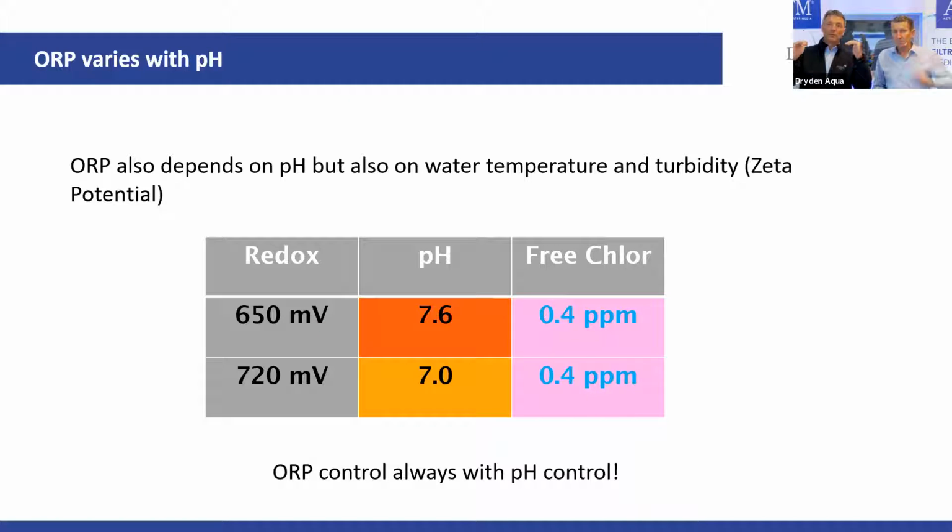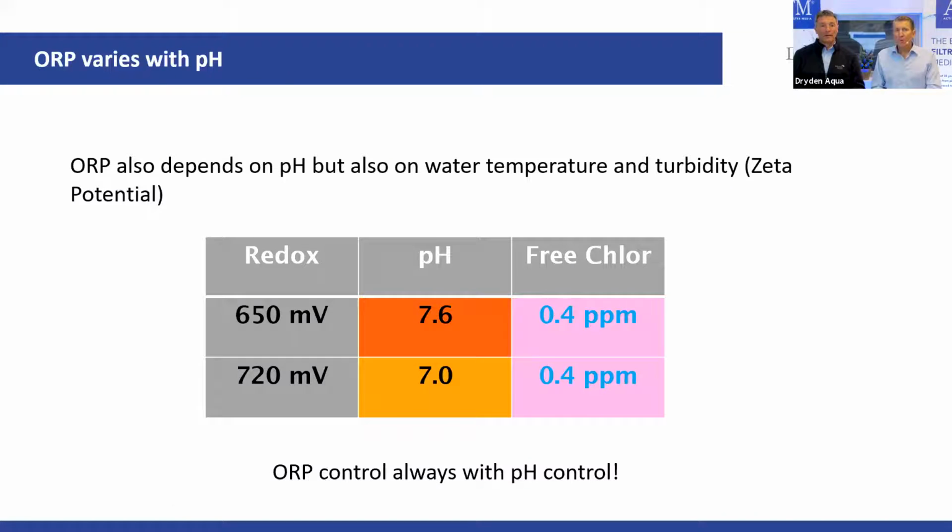If we keep the free chlorine constant at 0.4, but we drop the pH to 7, at 7, chlorine is more active than at 7.6. The redox potential will increase. In this example, we choose 720, maybe it's only 700. So it depends really also on the pH. And this is why I think it doesn't make sense just to control ORP. You always should regulate pH and ORP together.